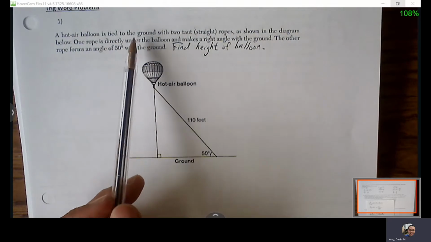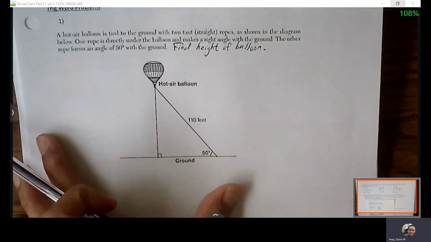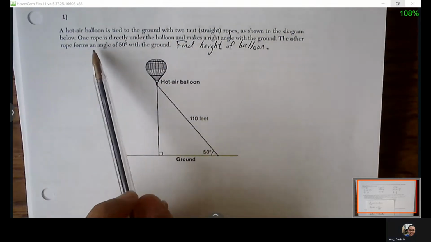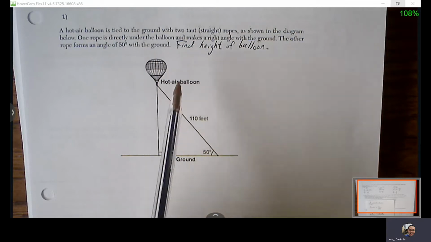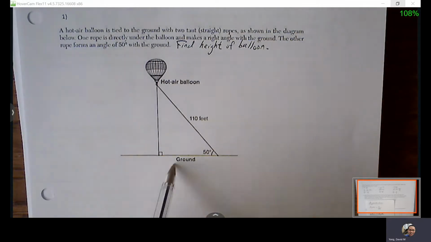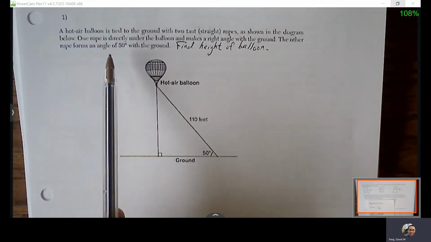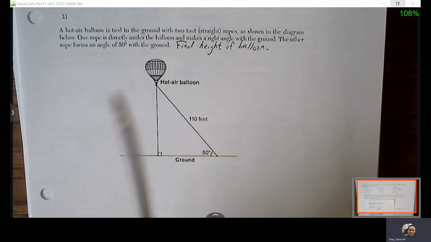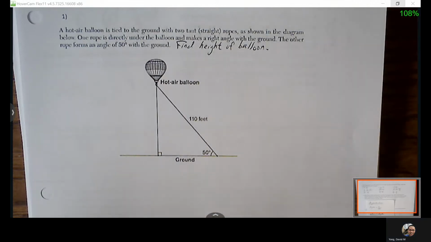Okay, a hot air balloon is tied to the ground with 2 straight ropes. One rope is directly under the balloon and makes a right angle with the ground. The other rope forms an angle of 50 degrees with the ground. Find the height of the balloon.